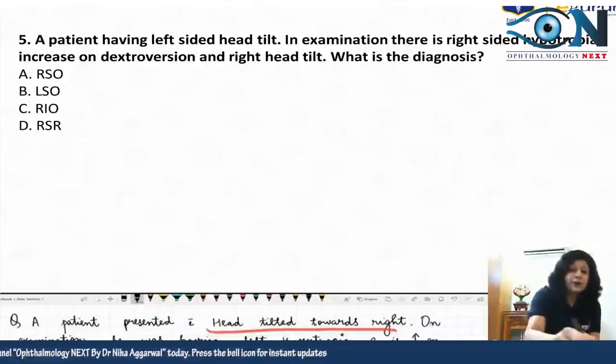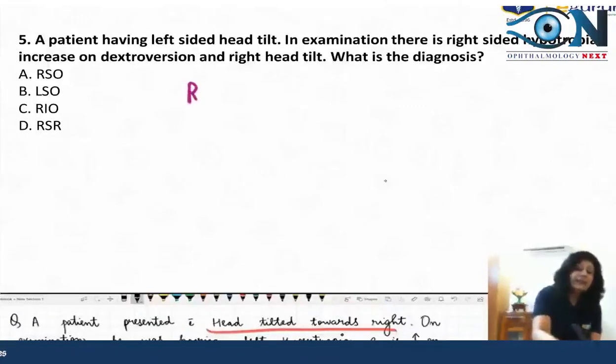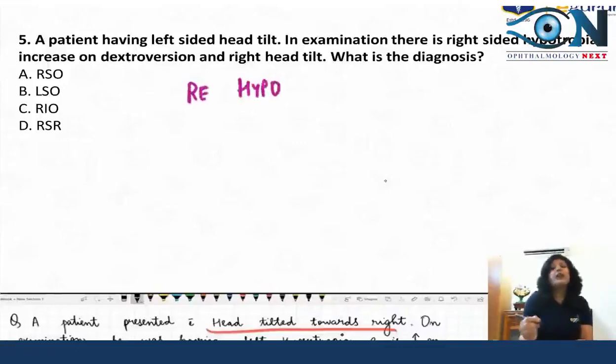Okay, so what can be the condition? If it is a right-sided hypotropia, what I told you, either it is actually the right eye hypotropia or it can be the left eye hypertropia. That is why we are having the relative hypo.